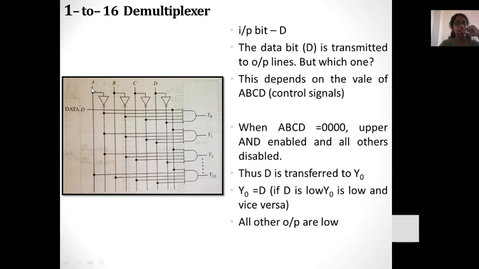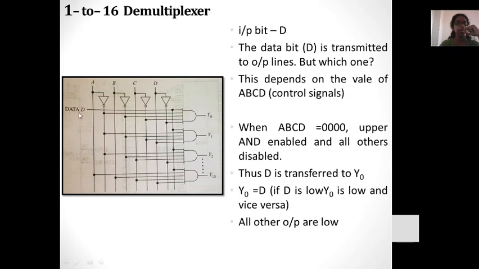I changed the symbols here, and this is according to your textbook. That 1 to 4 demultiplexer is not there in your textbook, so that's why I changed the symbols. But you can follow these symbols that are in your textbook. A, B, C, D are the control signals.